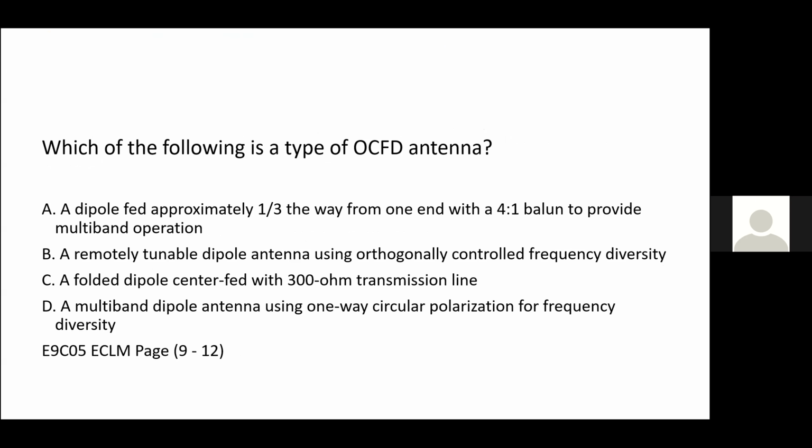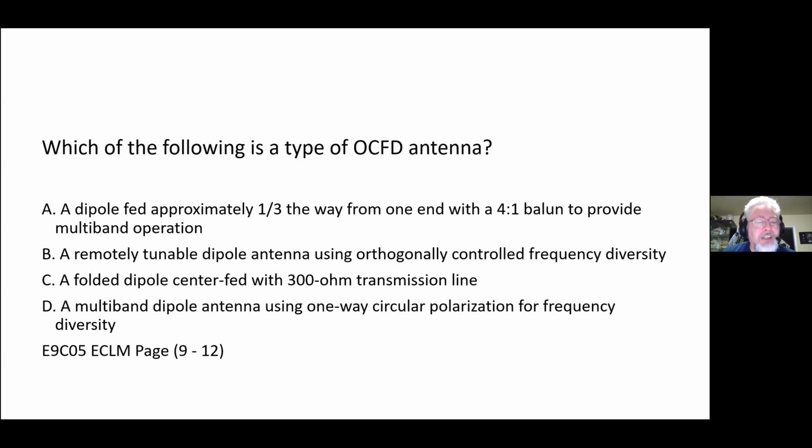Which of the following is a type of OCFD, off-center fed dipole antenna? A, a dipole fed approximately 1/3 the way from one end with a 4-to-1 balun to provide multiband operation. B, a remotely tunable dipole antenna using orthogonally controlled frequency diversity.